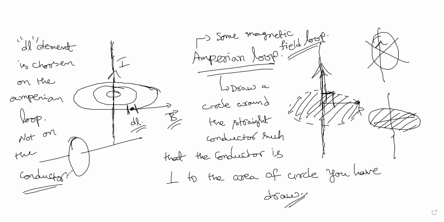Many textbooks are also not clear about this one. So the dl element is chosen on the Amperian loop, not on the conductor. The element is chosen on the conductor for Biot-Savart's law, not for this one.